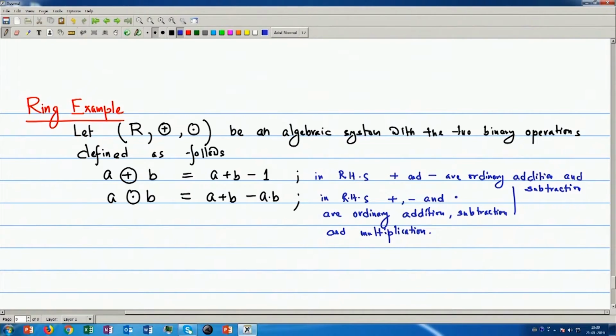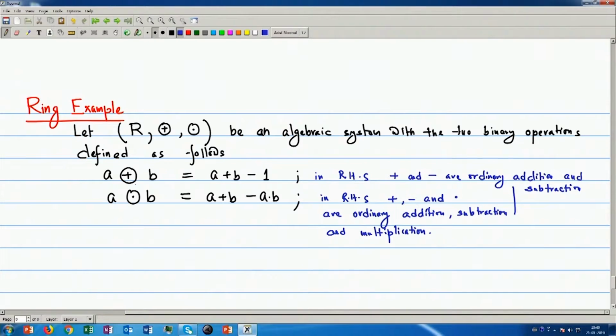Here the plus and dot within a circle are the two binary operations. The operations are defined like that. So, they are not simple ordinary addition or multiplication, but involve some addition, subtraction and multiplication.